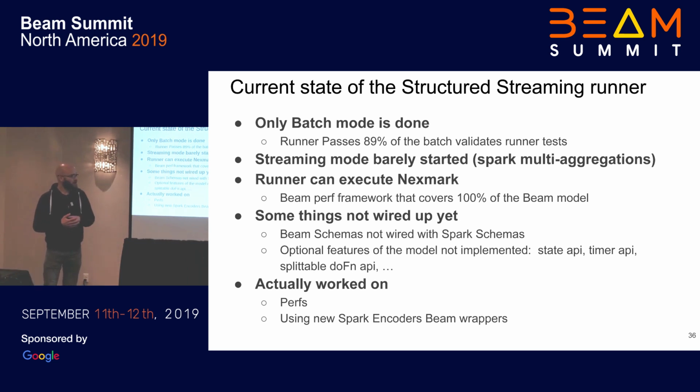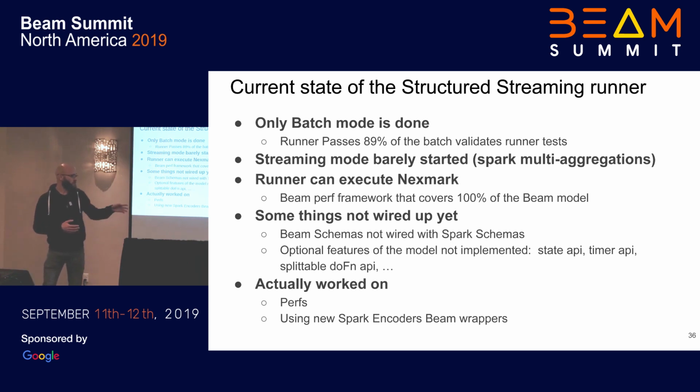Some things are not wired up in this new runner. As I said, we are tricking Spark with schemas by saying we are only sending bytes. And also some of the optional features of the Beam model are not implemented, like the state API, like the timer API, like the splittable DoFn API. We have not implemented them yet.